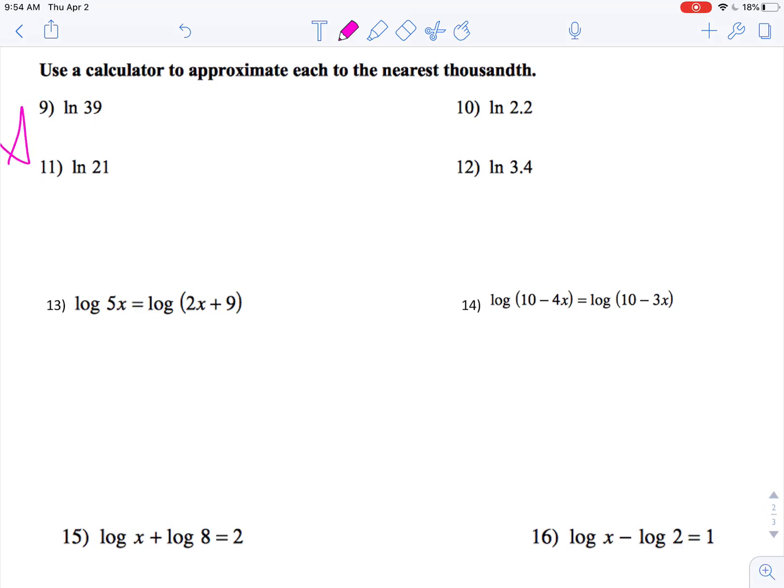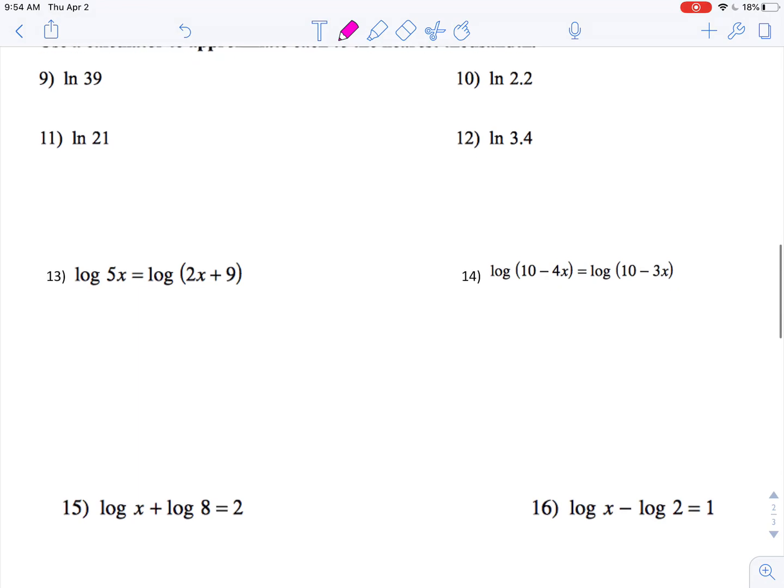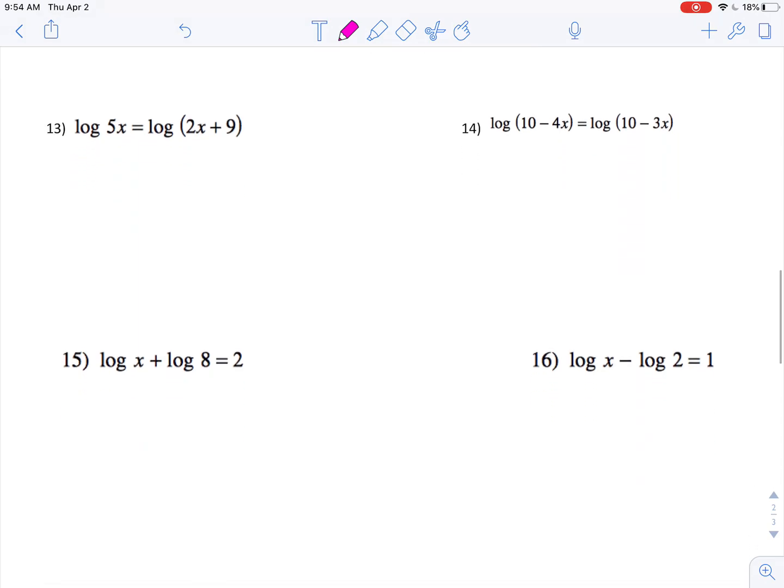And we've got 2 more problem types. Let's skip these 4 for right now. Let's go to solving some logs, because these right here just require a calculator, so that's not too bad. We're going to solve each logarithm.